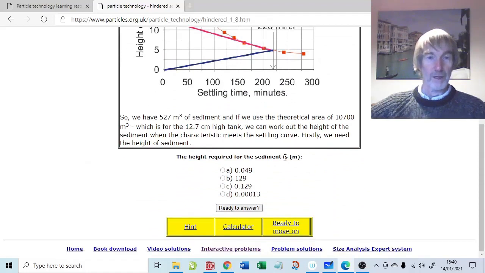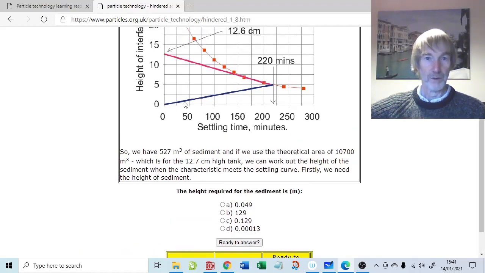Okay. So we have 527 metres cubed of sediment, and if we were to use the theoretical area that we just previously discovered, we can work out the height of the sediment when the characteristic meets the settling curve. So in other words, that is the characteristic that we're focusing on. It's the one we know we've got, because we're interested in the water that sits above that settling curve.